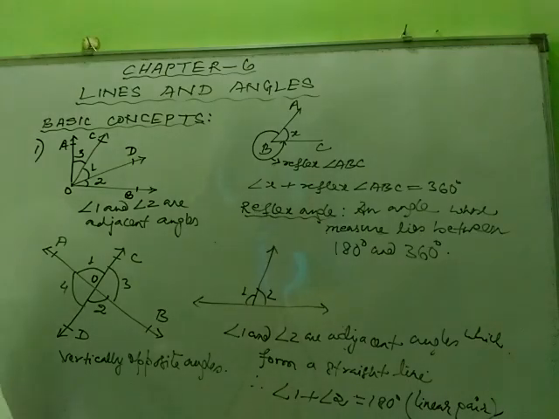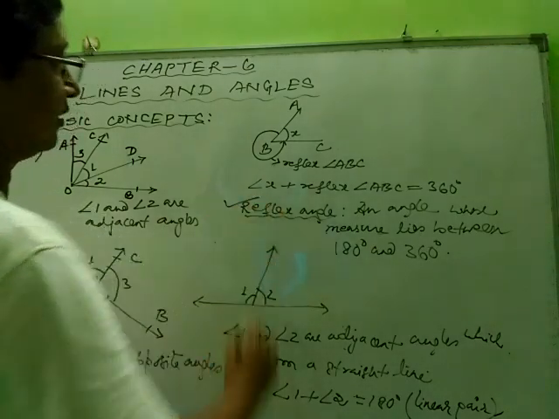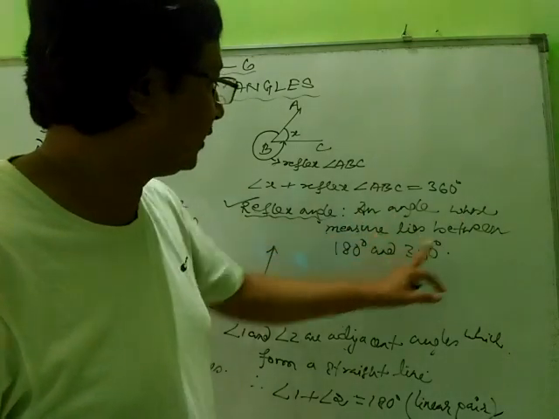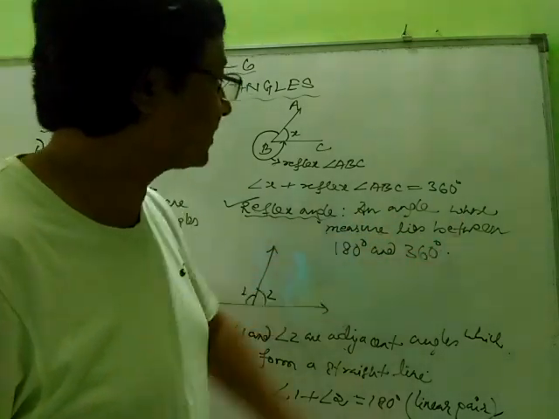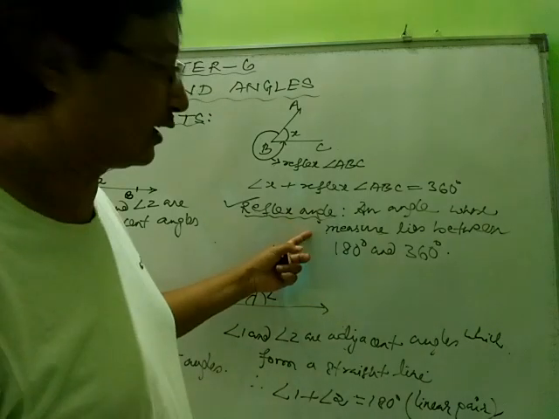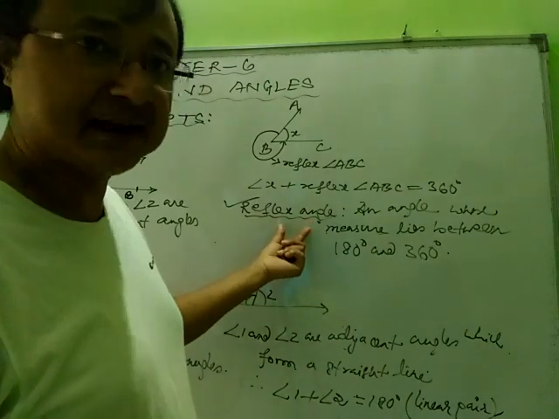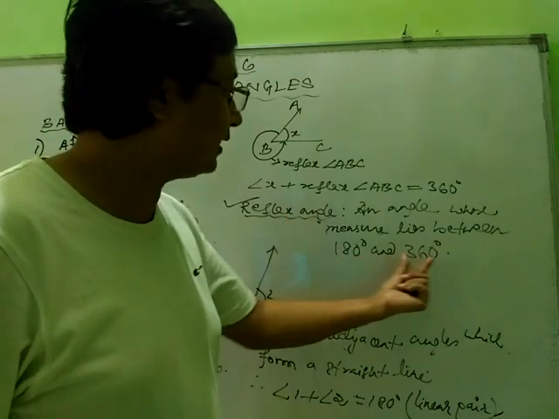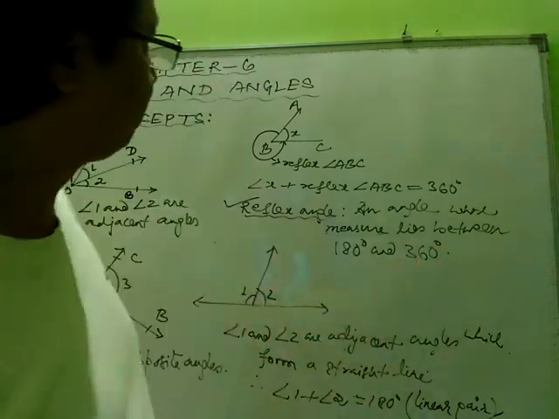Secondly, here is the reflex angle. An angle whose measure lies between 180 and 360 degrees is called a reflex angle. To be a reflex angle, the measure of the angle must lie between 180 and 360 degrees.